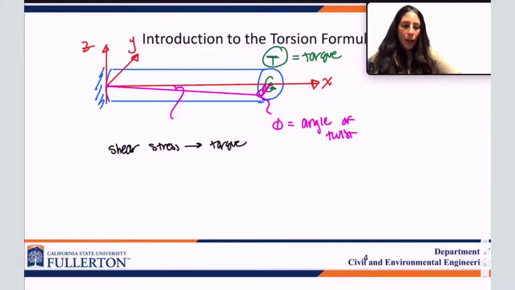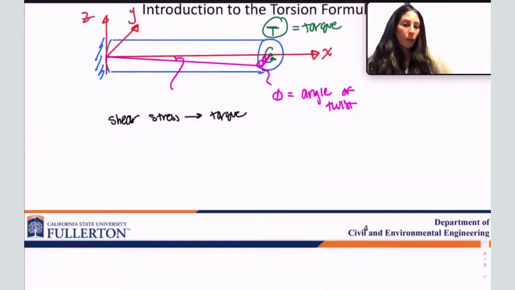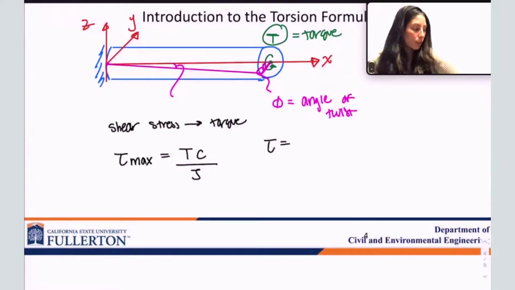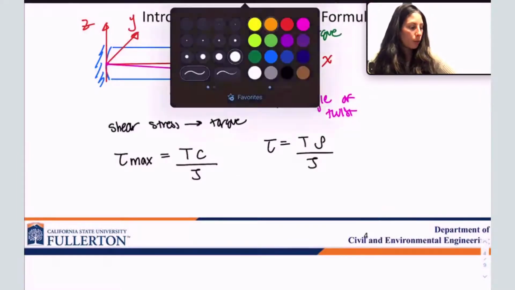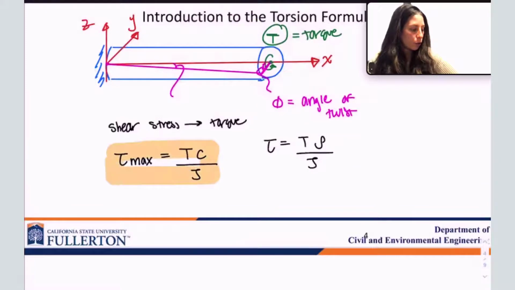I'm going to write the formula down for you here without having to go too much into that derivation. We have tau max, which is the max shear stress, is equal to Tc over J. And then tau at any point on the system is equal to T rho over J. So hopefully these two formulas should ring a bell.